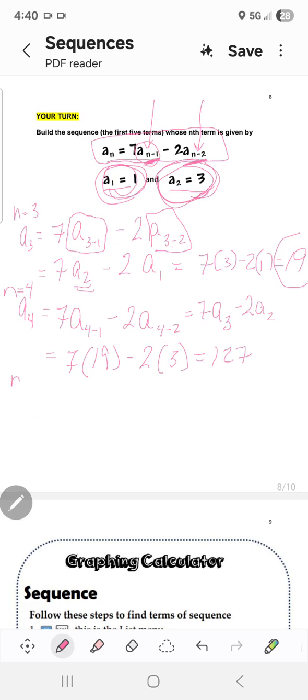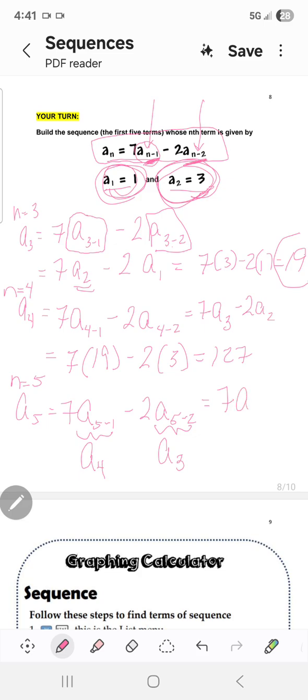And the fifth term, like I said, 5 terms usually does it. A sub 5, n is 5. So 7 a sub 5 minus 1 minus 2 times a sub 5 minus 2. All right, 5 minus 1 would be a4, and 5 minus 2 would be a3.